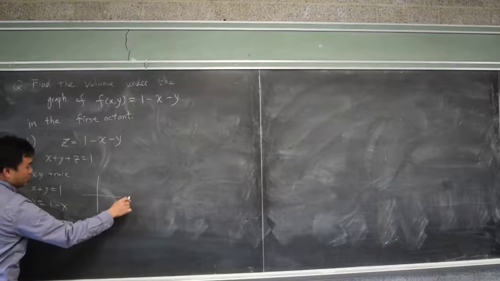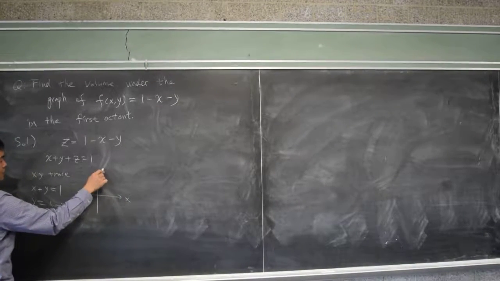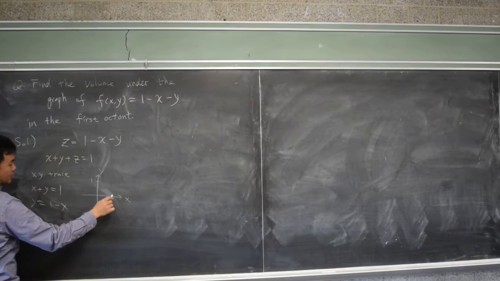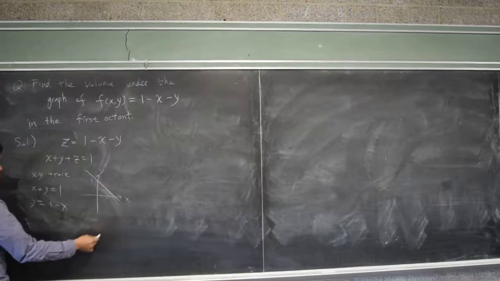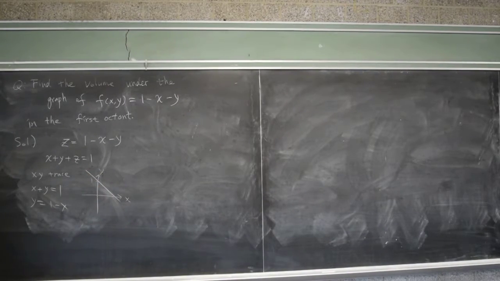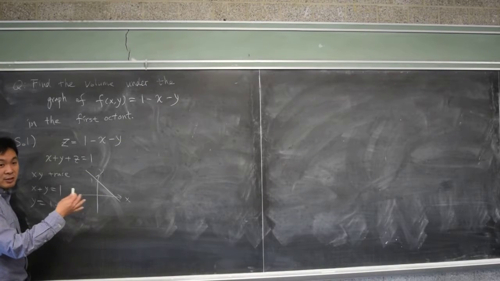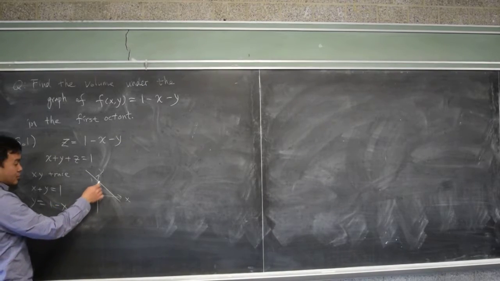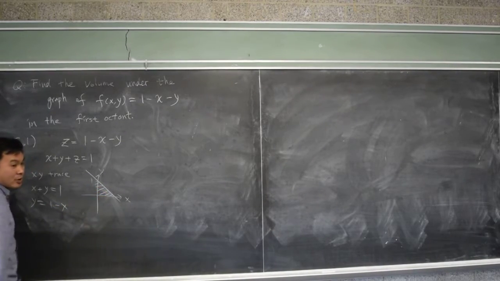So the xy trace has intercept 1 and slope negative 1, so that's the graph. In the first octant, x and y are positive, so you only have this portion.